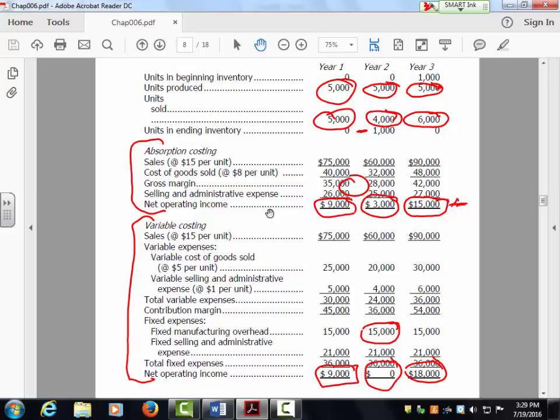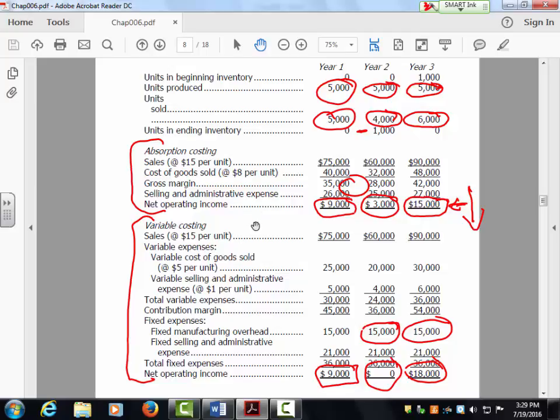And the issue here is, why is that lower income? Because the stored 1,000 units with $3 per unit now hits the income statement, which brings net income down, but does not affect the variable costing method because it hits the income statement in the period that it occurred.